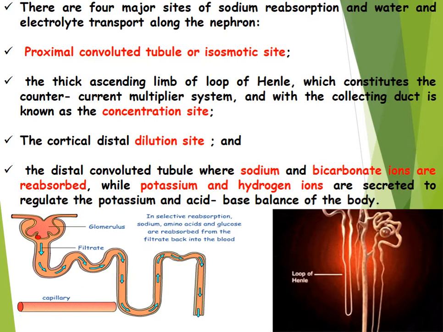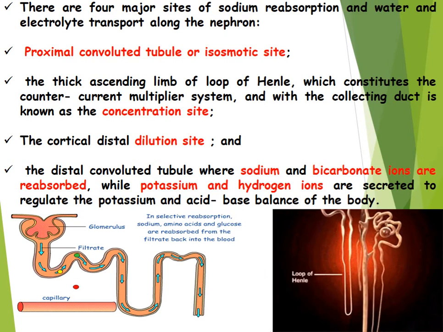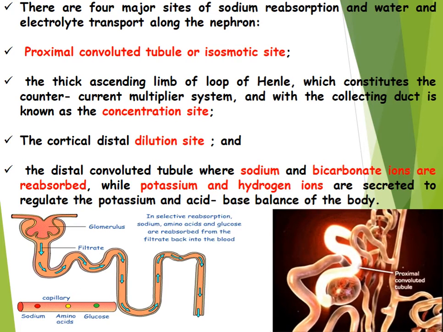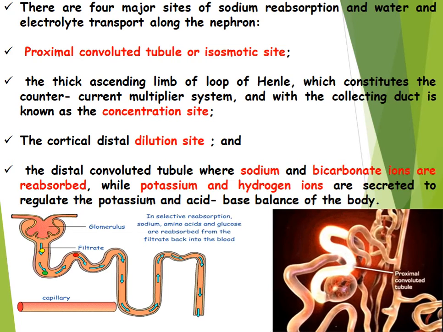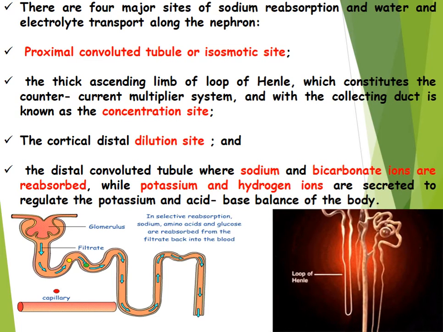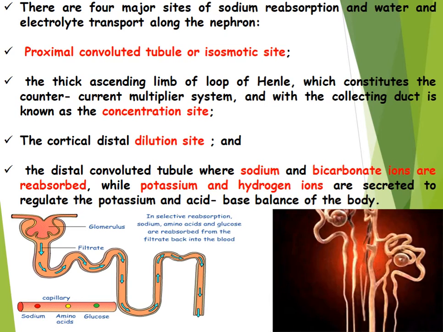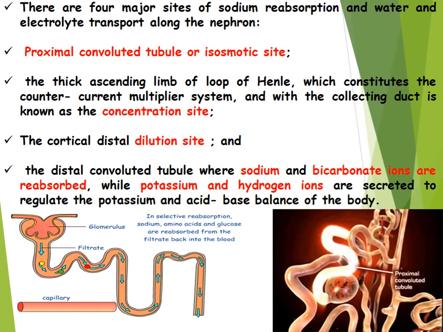The third is the cortical distal segment, which is the dilution site, and the distal convoluted tubule, where sodium and bicarbonate ions are reabsorbed, while potassium and hydrogen ions are secreted to regulate the potassium and acid-base balance of the body. These are the four sites.